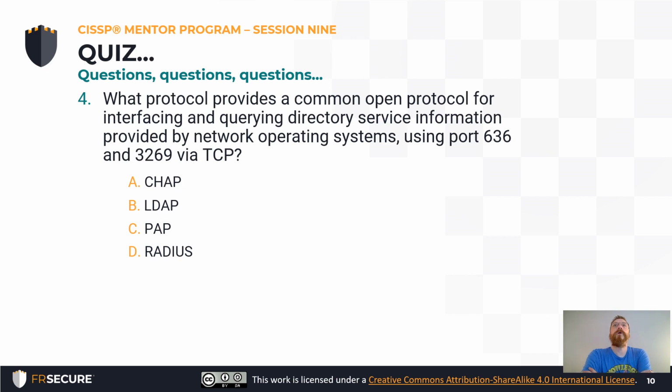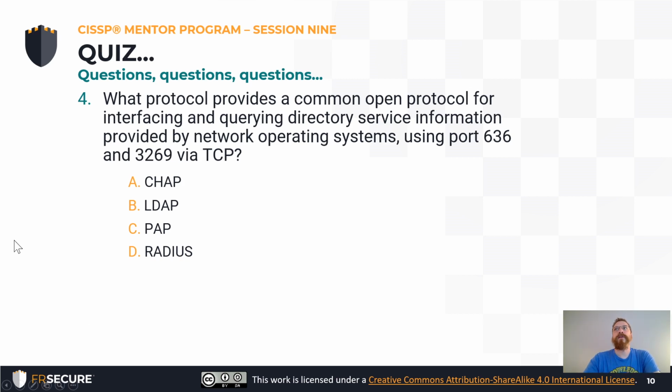What protocol provides a common open protocol for interfacing and querying directory services information provided by network operating systems using port 636 and 3269 via TCP? So this is where you've got to do a lot of that memorization around some of these well-known ports.